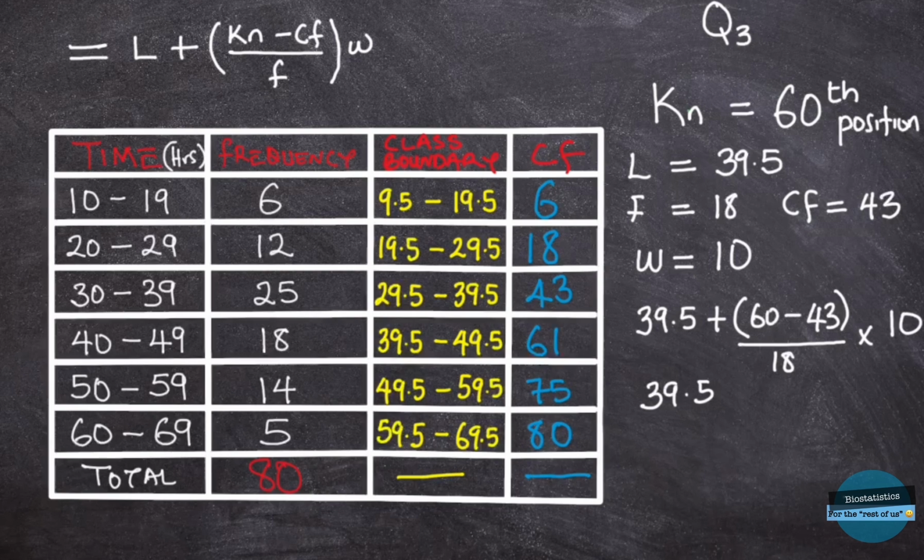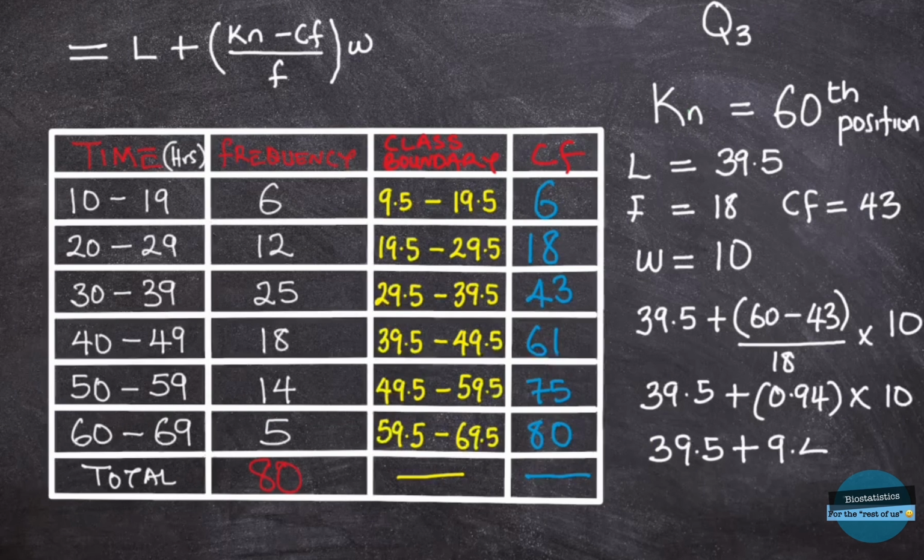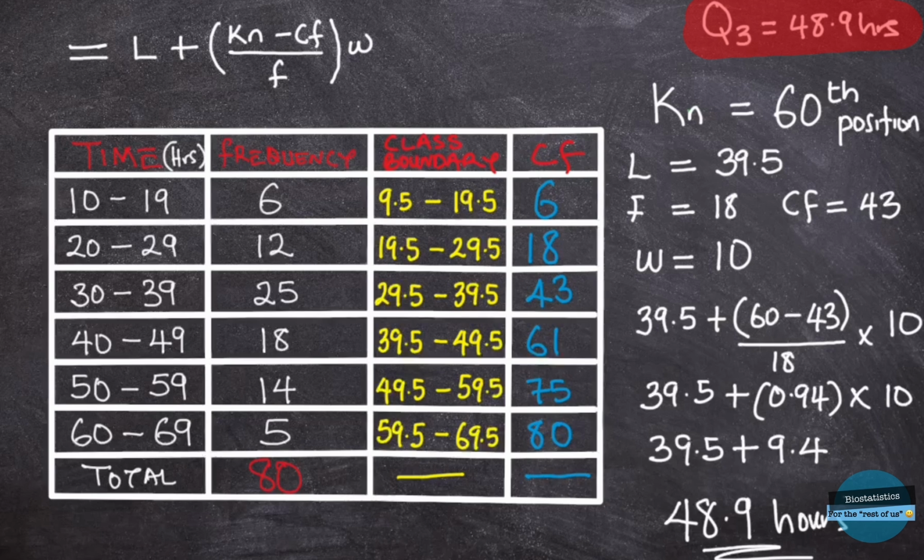This will give us 39.5 plus 0.94 in bracket times 10. That is 39.5 plus 9.4, which will give us 48.9 hours. So our Q3 is 48.9 hours. Awesome. Great.